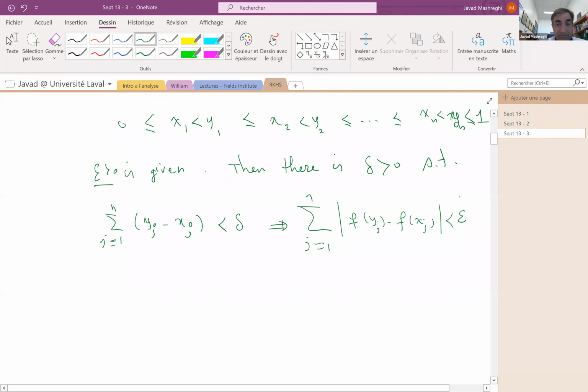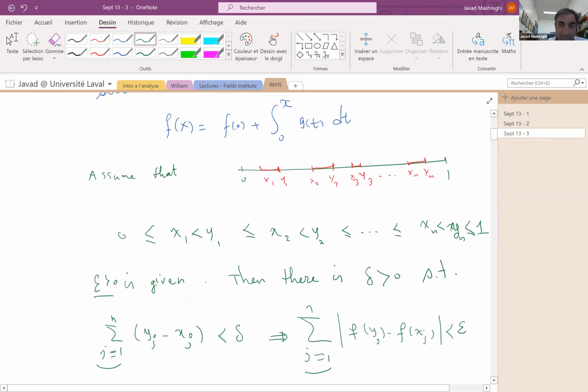You see, it's way more than continuity. In continuity, we don't have a sum here. We have just one interval. If the distance between y and x is less than delta, then the distance between f(y) and f(x) is less than epsilon.